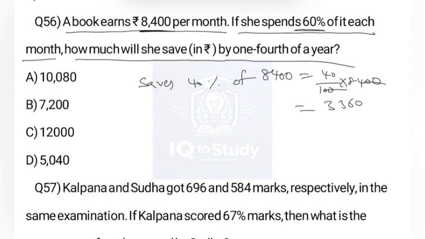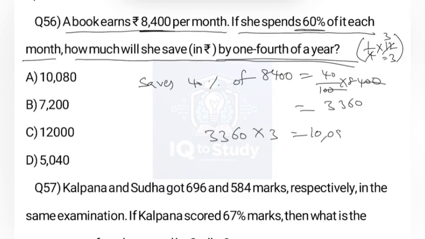And we have to calculate how much she saved by 1/4 of a year. 1/4 of a year means 1 by 4 into 12 months, which is 3. So 3,360 into 3, that is equal to 10,080.